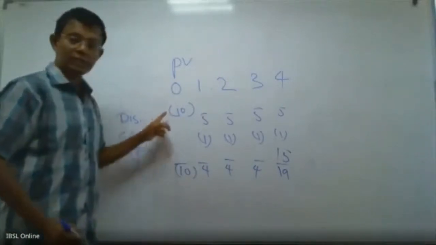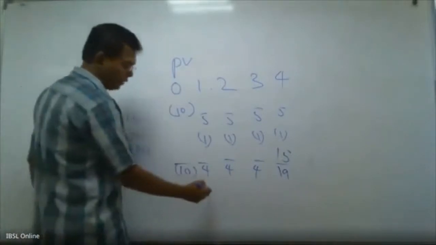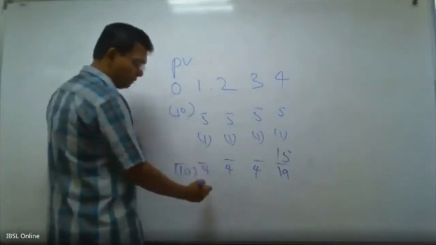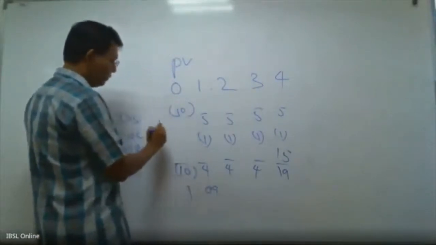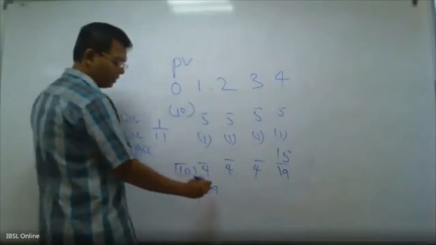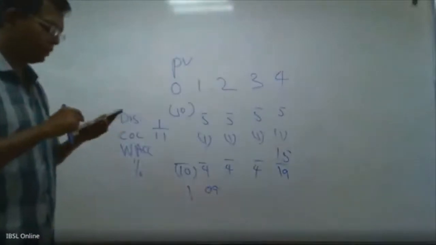Now, if it is year 0, it's always 1. Here only it changes. Remember that if it is 10%, we have 0.909, 1 divided by 1.1. So remember, only the first year it changed.